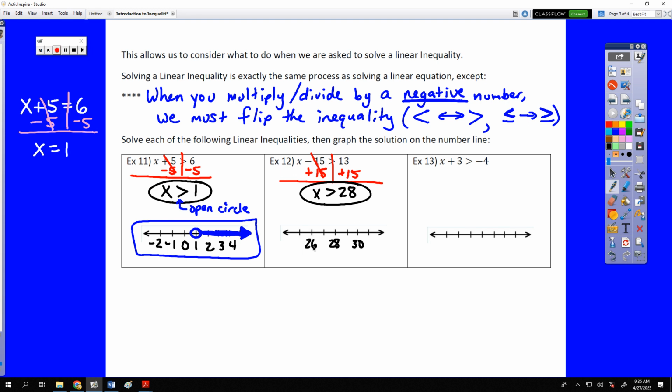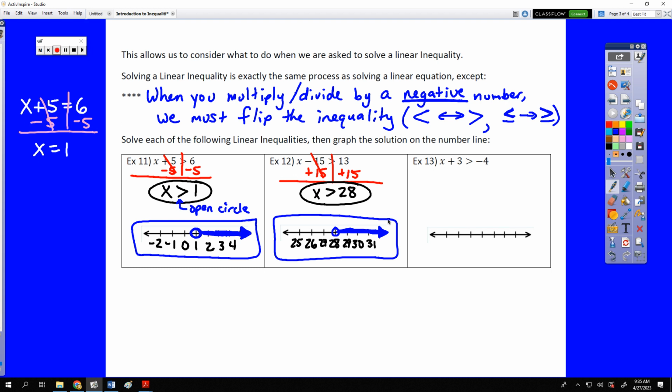Okay, we still label our number line, which can get a little crowded. 28 goes right in the middle. Open or closed? Open. Shade left or right? Right. Okay. So we have an open circle at 28, and we shade to the right. Okay, this is how this works.